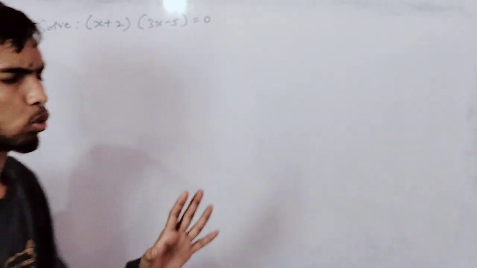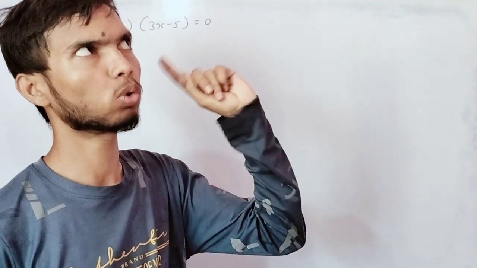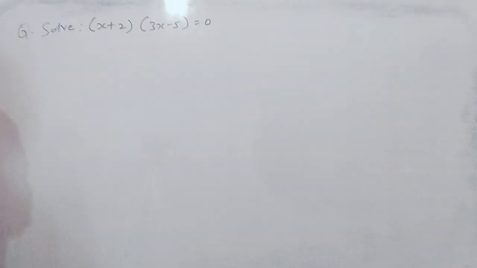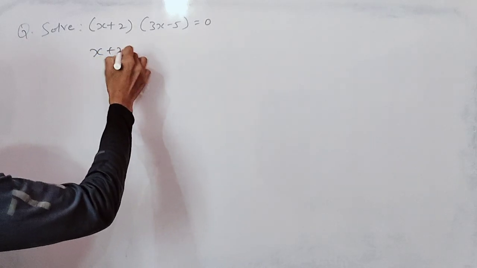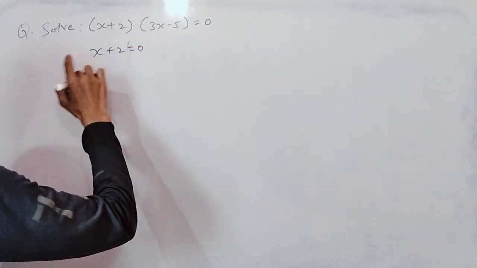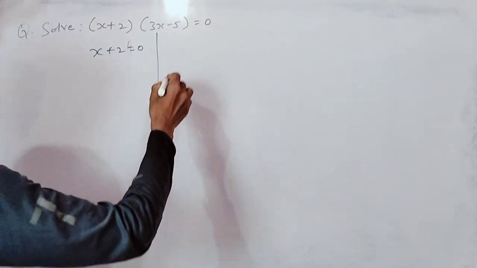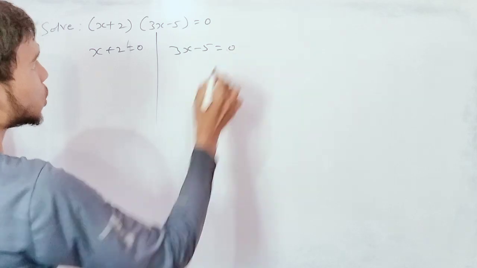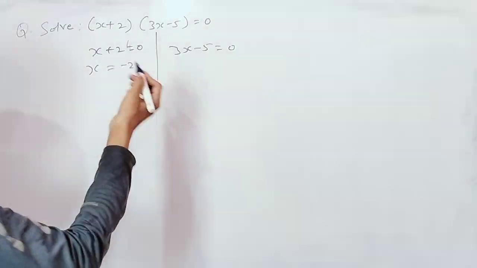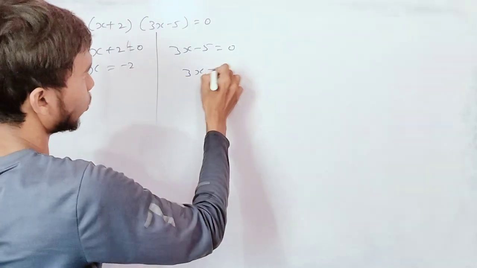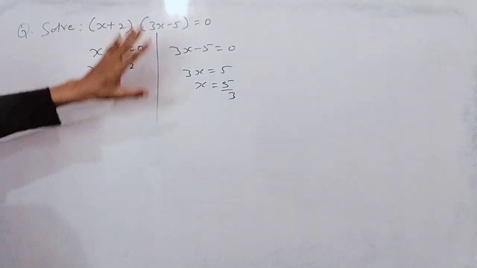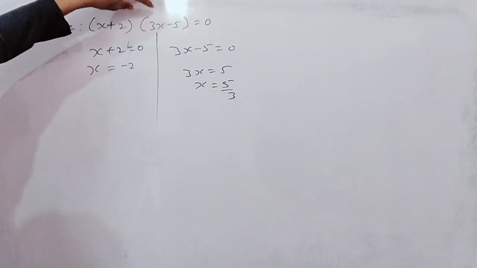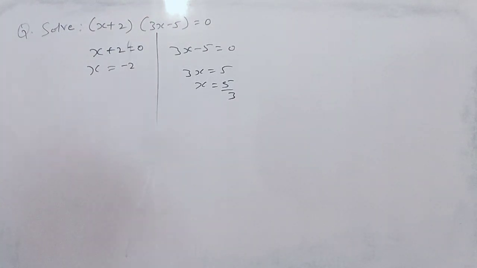We can find two roots. Here we have a linear equation in one variable. So can we write this as x plus 2 is equal to 0? We can write like that. 3x minus 5 is equal to 0. From this we are getting x as minus 2. From this we are getting x as 5 upon 3. These are two roots of this equation. That's how you will solve.